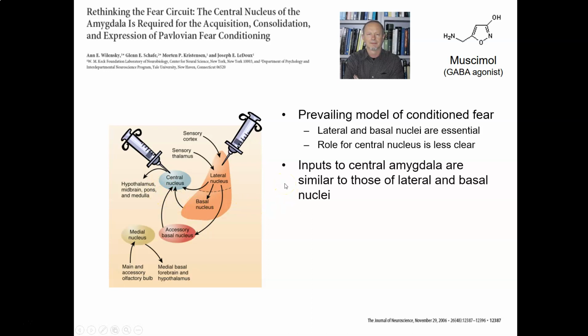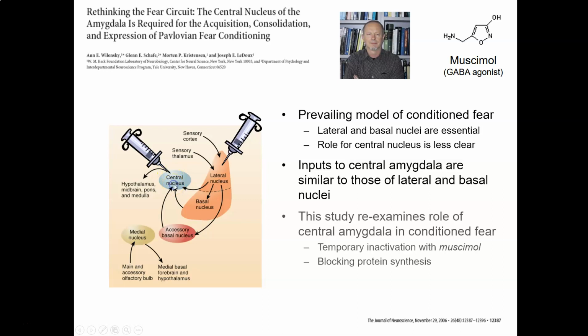And the inputs to the central amygdala, they point out, are very similar to those in the lateral and the basal nucleus. So, in other words, this is receiving the same inputs as these two areas are. So if that's the case, this may be more than just an output. Okay, it may also be involved in the input of this information.